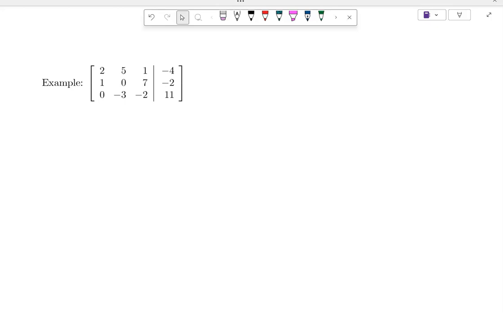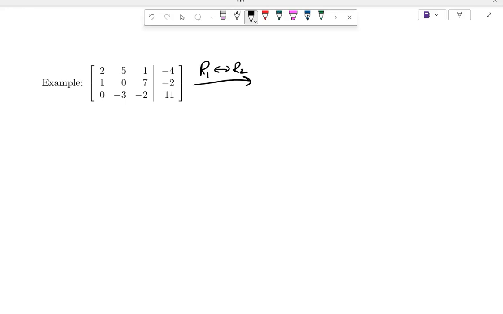So the first step, again, is to get a 1 in the upper left-hand corner. There are 2 ways that we can do that. Either I could divide the first row by 2, but that is going to put some fractions in there, and I'd like to avoid fractions if I can. Do you see another way to get a 1 in the upper left-hand corner without having to divide anything? Yeah, just swap with the second row. Using similar notation to what I did with the equations, I'll use an R for row rather than equation. I'll write R1 and R2 with a double arrow.